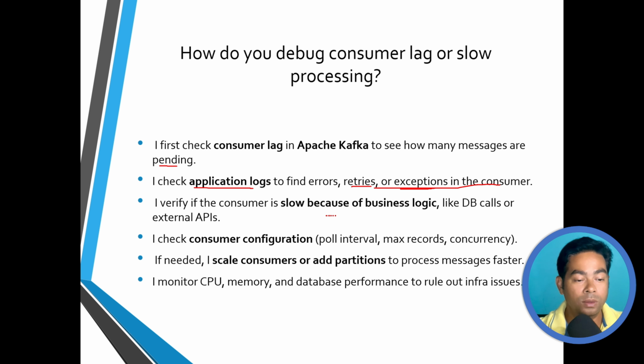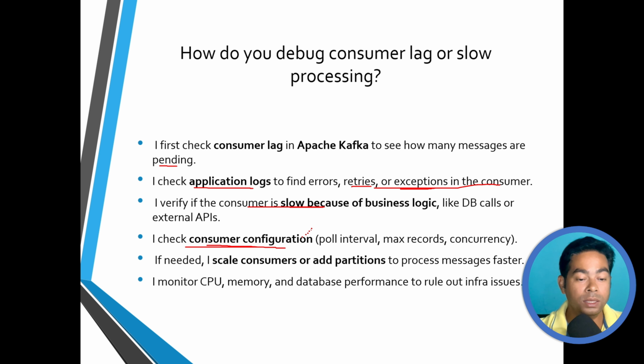You will verify whether there is any business logic, or anything else, that makes it slow. You will check external APIs or any DB calls. Then you will check the consumer configurations, like concurrency.